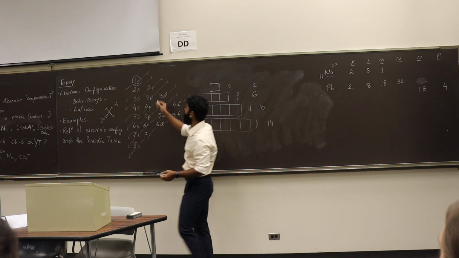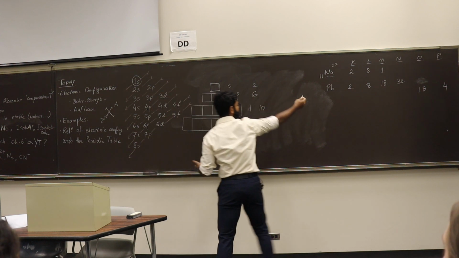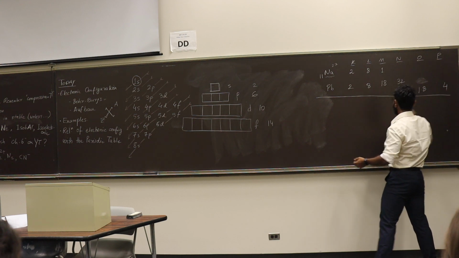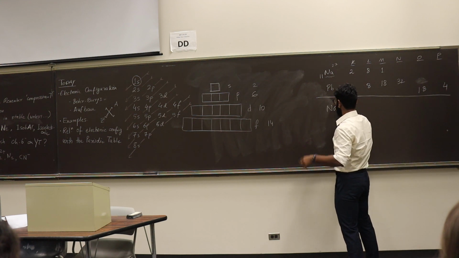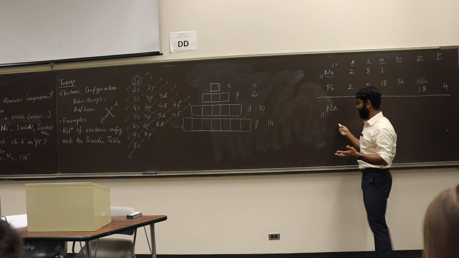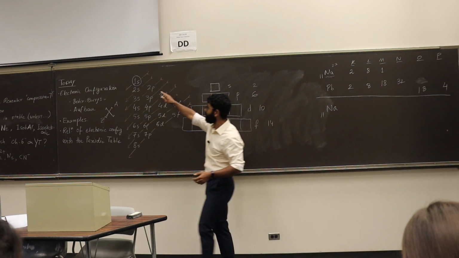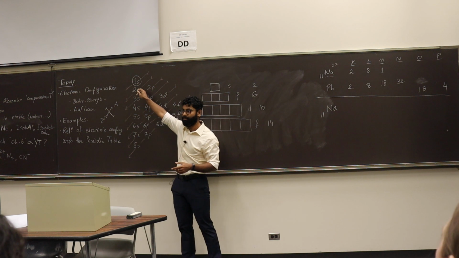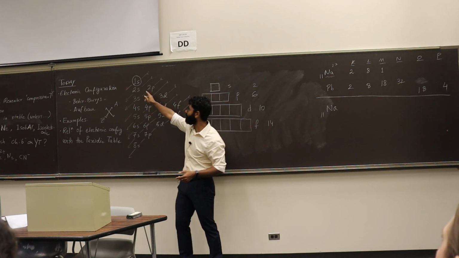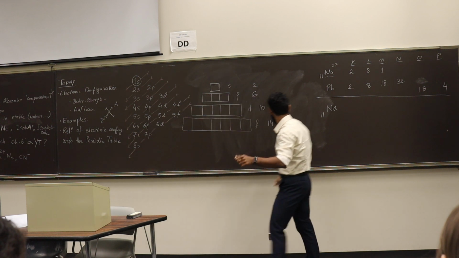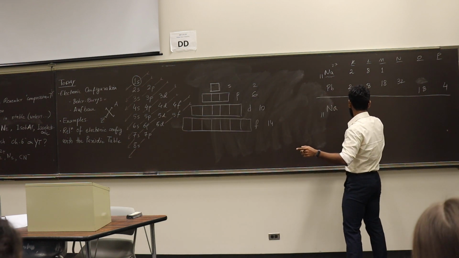Okay? So, when you have, say, sodium, we'll do that. We have 11 electrons, right? So how do you start? Which is the first orbital that gets filled in? Which is the first balloon that gets burst? 1s. So you start with 1s.